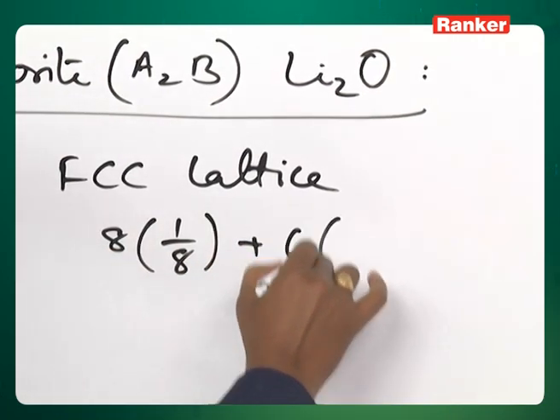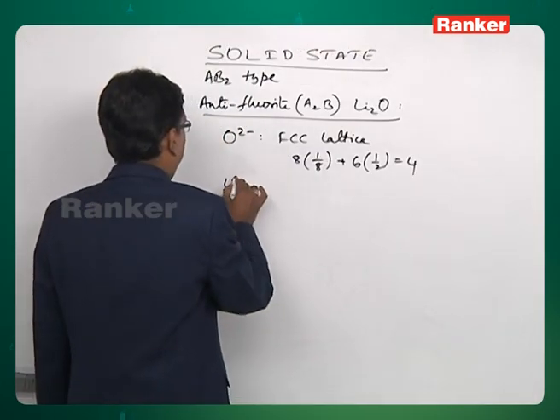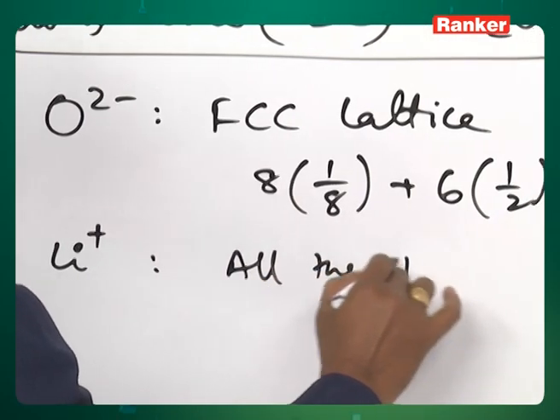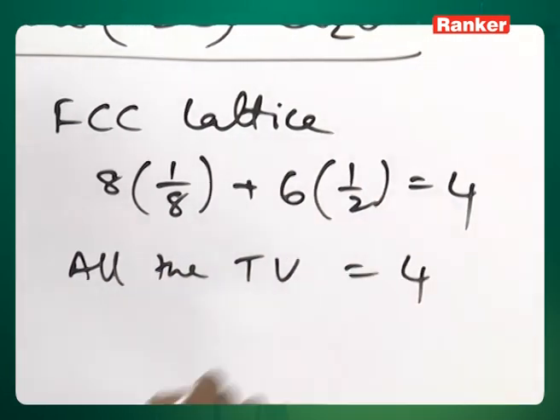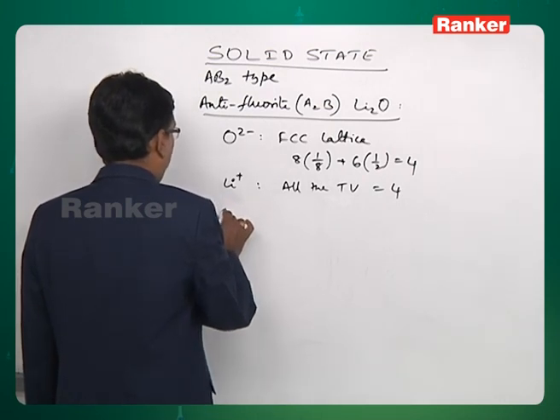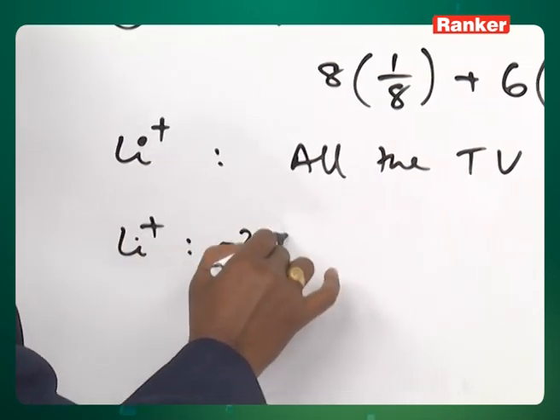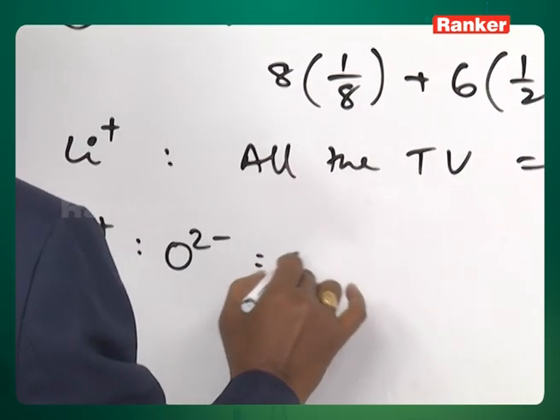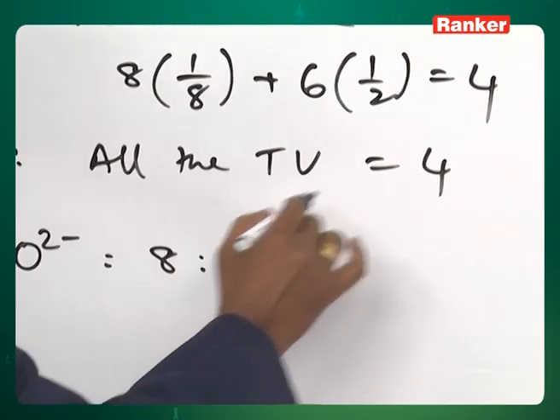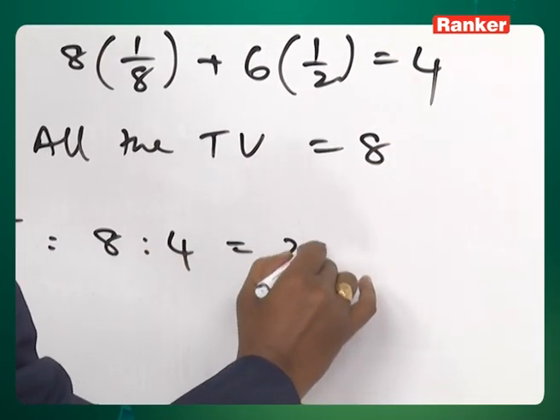So, this is now 8 into 1 by 8 plus 6 into half, that is equal to 4, and lithium ions occupy all the tetrahedral voids. So, that is equal to 8. Here the ratio of lithium to oxide is 8:4, that is 2:1.